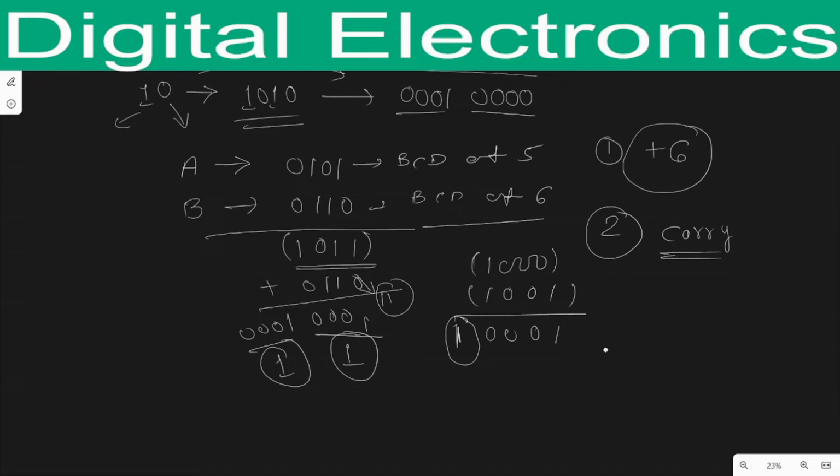So when we add 6 in the answer, we will get 1 and 7, that is 17. So when we add 8 plus 9, we will get 17. This is the BCD representation. I think you all got this point, two conditions.